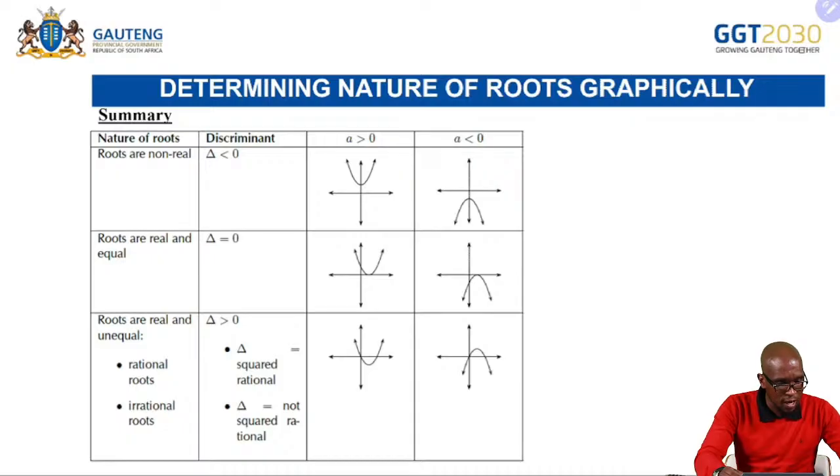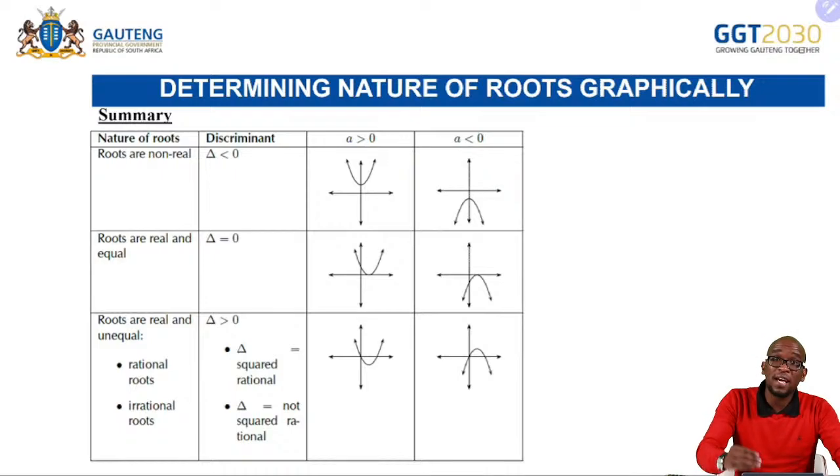With me here, I've summarized this using the parabola. We're going to start with the parabola, but it does not mean that these questions are only limited to the parabola. You can determine nature of roots in a parabolic function, in a linear function, in an exponential function, in a hyperbolic function, and in a cubic function.